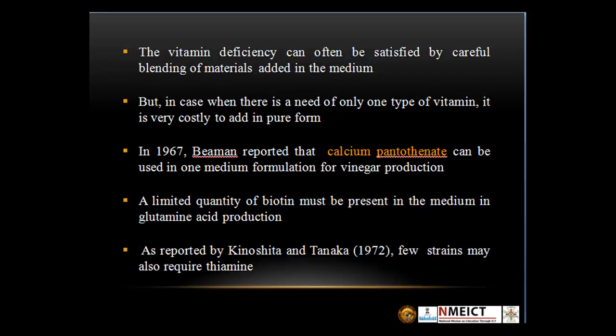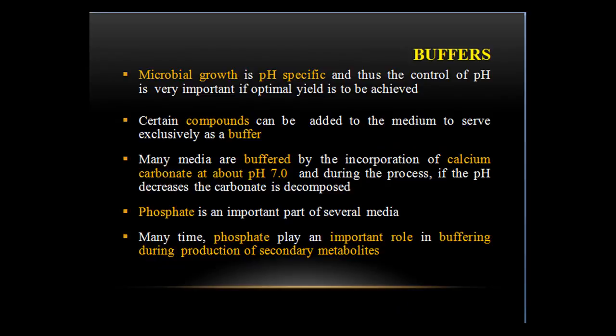In 1967, Beman reported that calcium pantothenate can also be used in one medium formulation for vinegar production. A limited quantity of biotin must be present in the medium in glutamic acid production. As reported by Kinoshita and Tanaka, a few strains may also require thiamine.